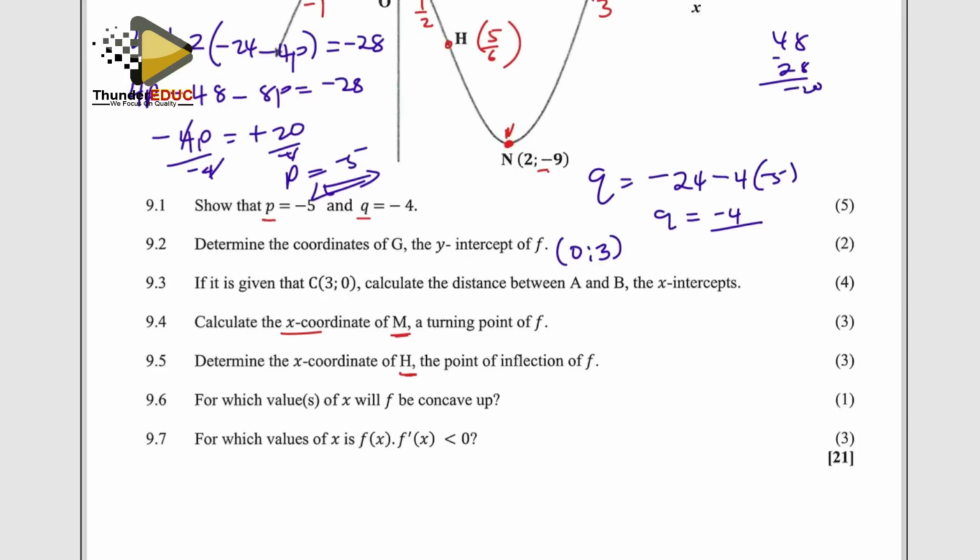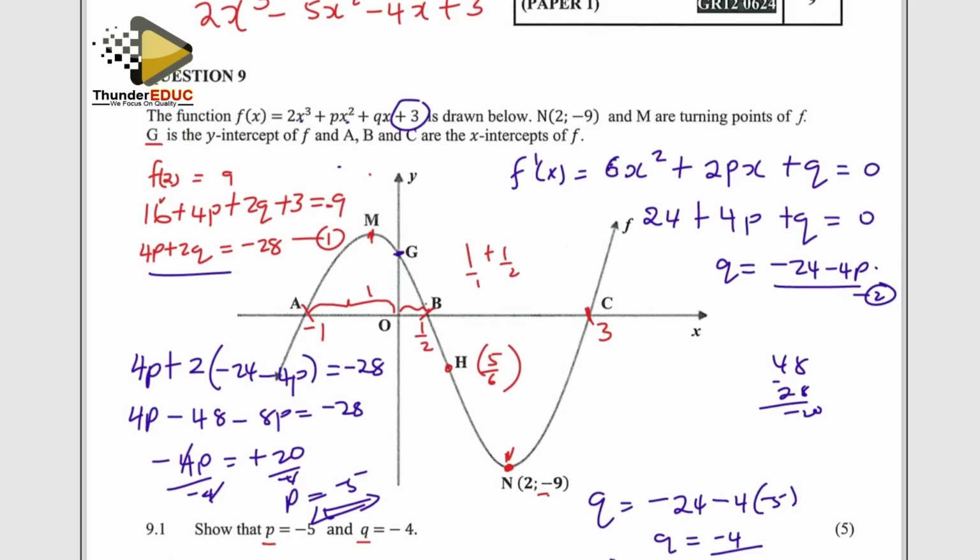Okay. Then for which values of x will f be concave up? For it to be concave up, x must be greater than 5/6. And then for which values of x is f prime of x less than 0?